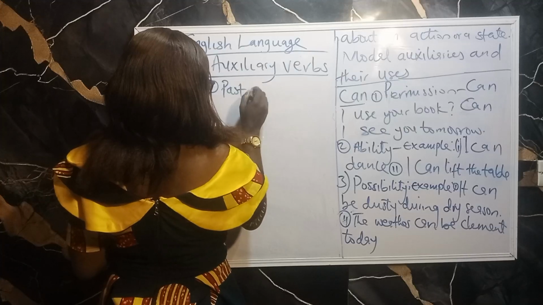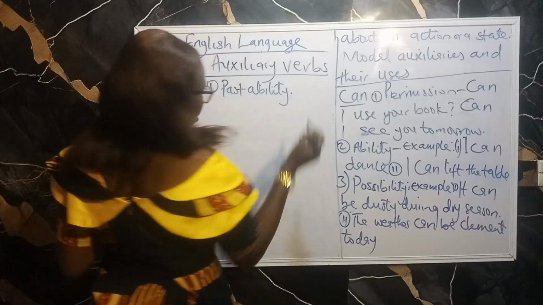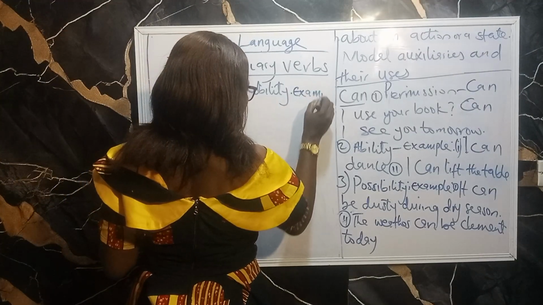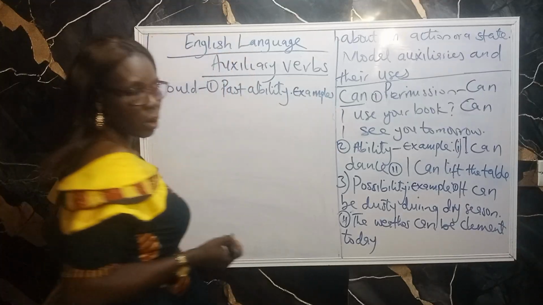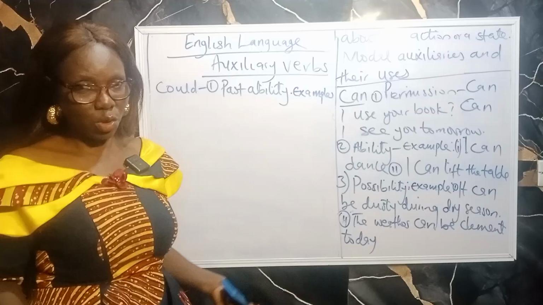Past ability. Examples. When I was 7, I can climb a tree.